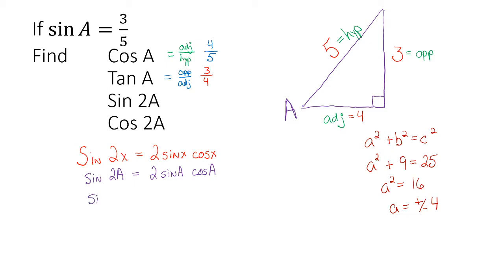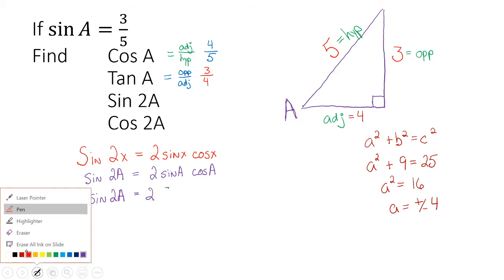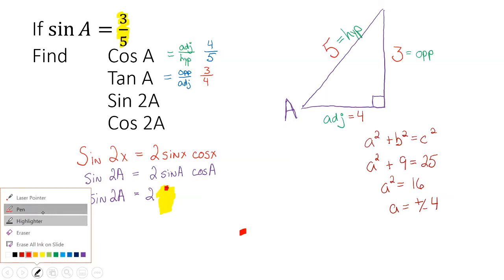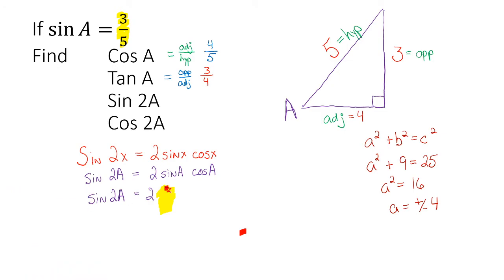And it just so happens that we already have the sine of a up in the instructions. Let me highlight it for you. It's right here: the sine of A is 3 over 5. So down there I'm going to put 3 over 5.